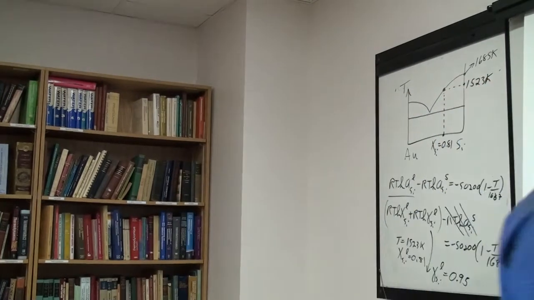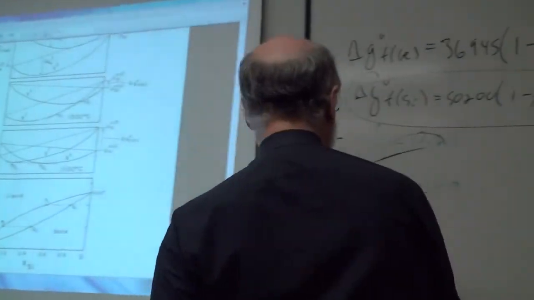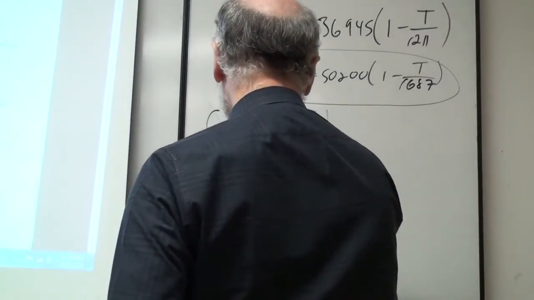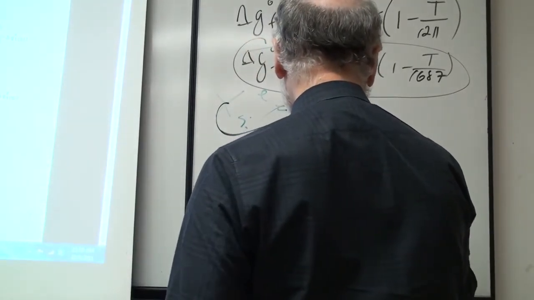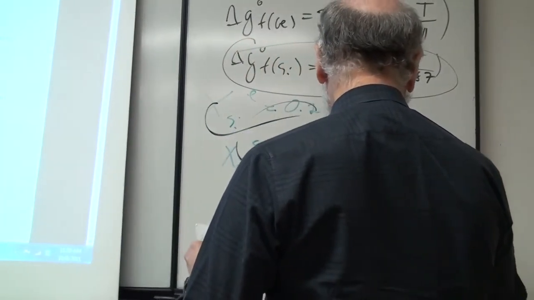Or I'll just finish it up over here: G excess of silicon in the liquid, RT log gamma silicon on the liquidus, is minus 670 joules.